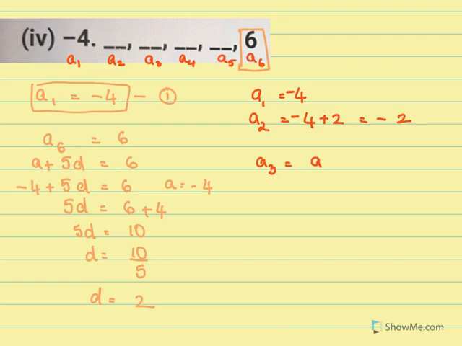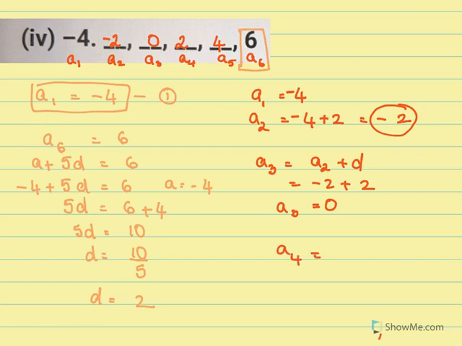Now A3 will be A2 plus D, and you know my A2 is minus 2 plus D is 2, so my A3 will be 0. Let me put the values up. We got A1 minus 4, A2 is minus 2, A3 we got 0, and we know our D is 2, so if we add another 2 here, plus 2 again, 2.